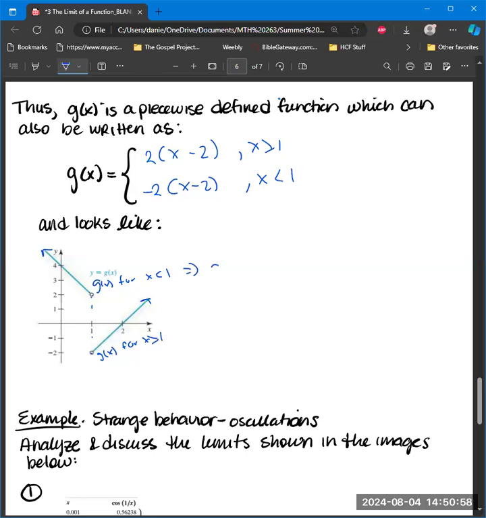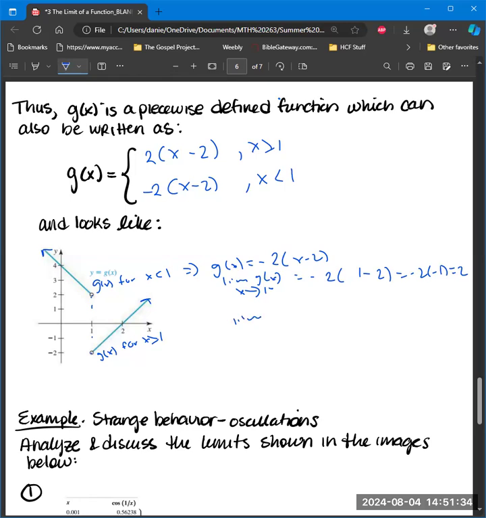That's going to be g of x equals negative 2 times x minus 2, and the limit of g of x as x approaches 1 from the left is going to be negative 2 times 1 minus 2, which is negative 2 times negative 1, a positive 2.